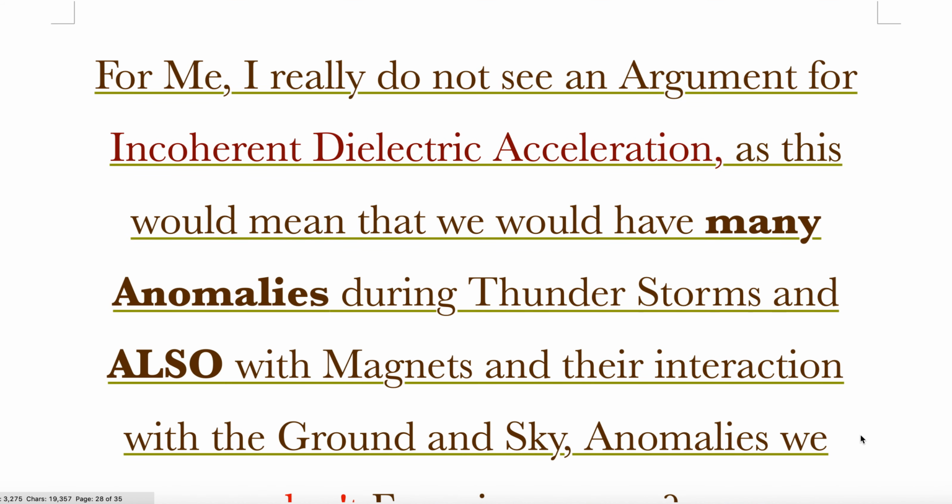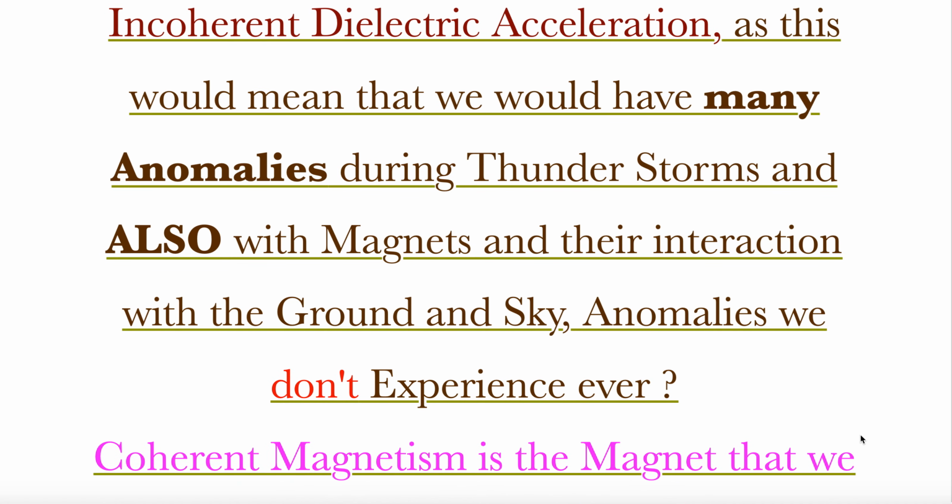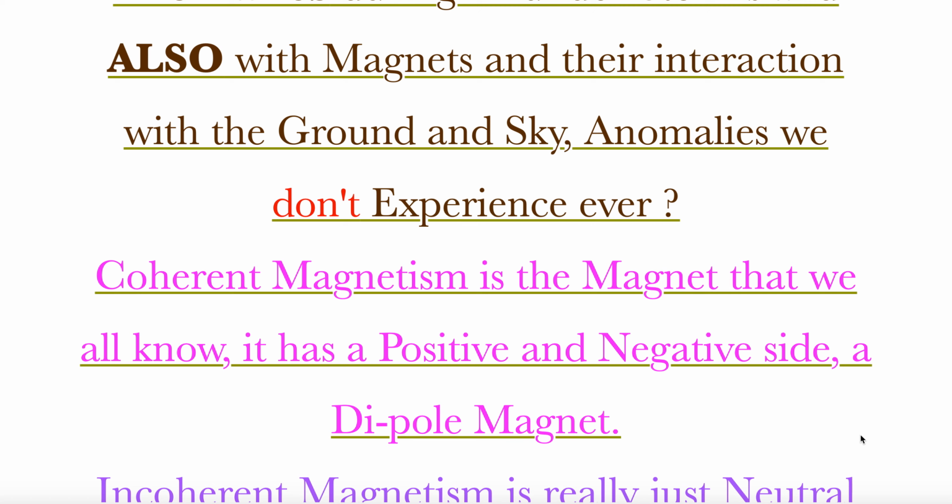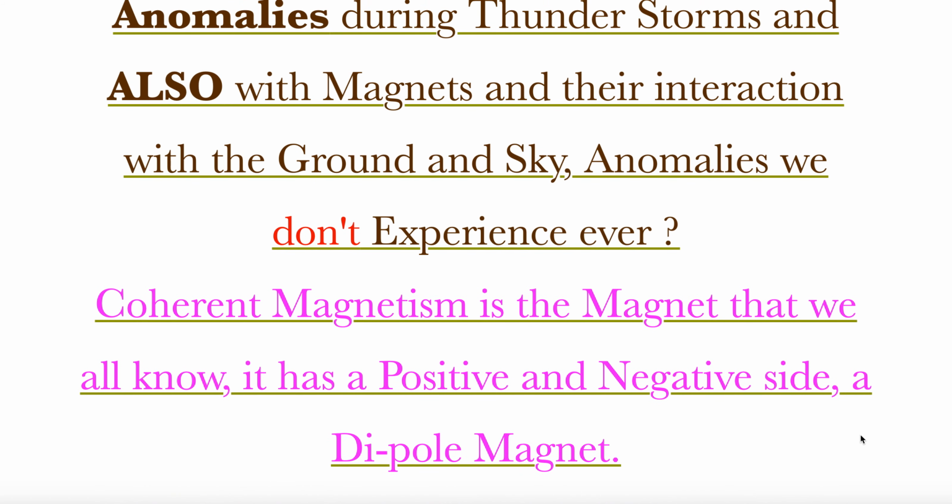For me, I really do not see an argument for incoherent dielectric acceleration, as this would mean that we would have many anomalies during thunderstorms, and also with magnets and their interaction with the ground and sky, anomalies we don't experience ever. Coherent magnetism is the magnet that we all know. It has a positive and a negative side. A dipole magnet, just your basic magnet, has a positive and negative.